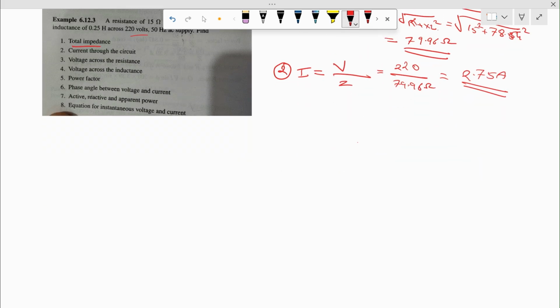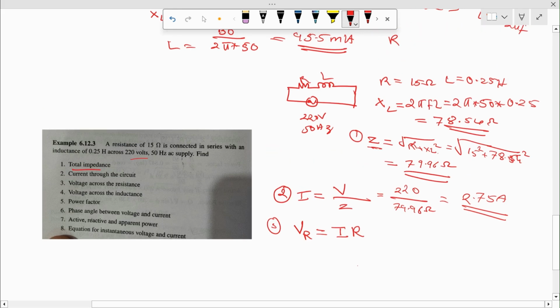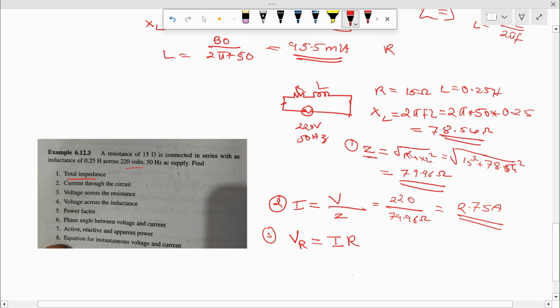So what is the next part? We have to find the voltage across the resistance. We can call that VR. What is VR? Current into resistance. From the circuit I can say that the current is the same for both R and L. We got the current 2.75.